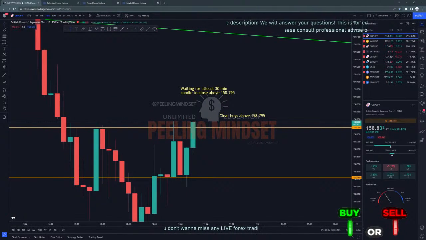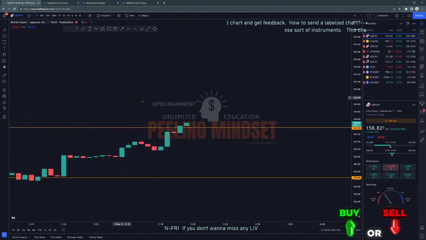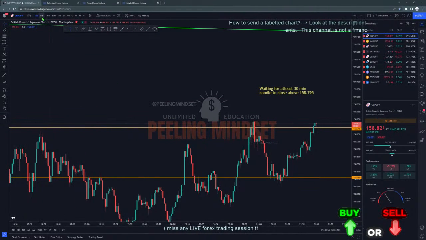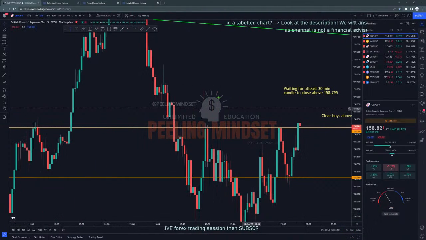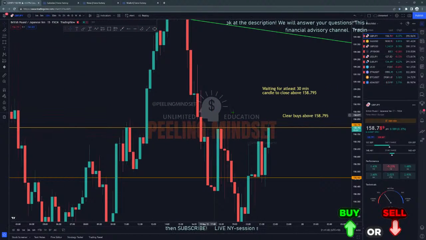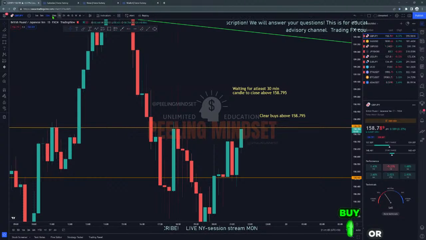Looks like pound yen on the break of the high could be in. This could be my last trade of the day.